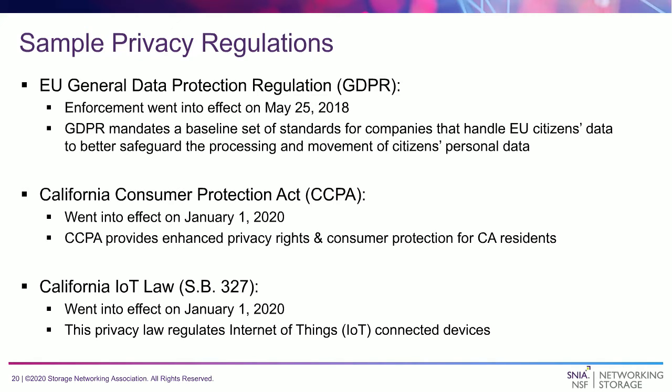It means if you are a for-profit company doing business with California residents, you are affected by the CCPA. And oddly enough, that means a whole bunch of companies, not just those residing in or headquartered in the state of California. Lastly, the IoT law in California.